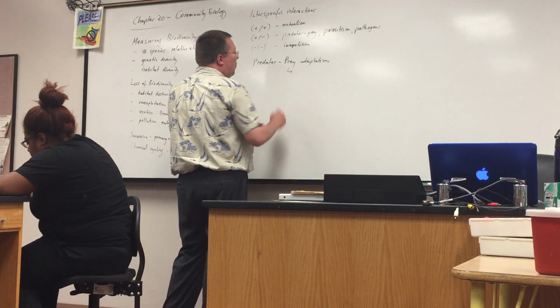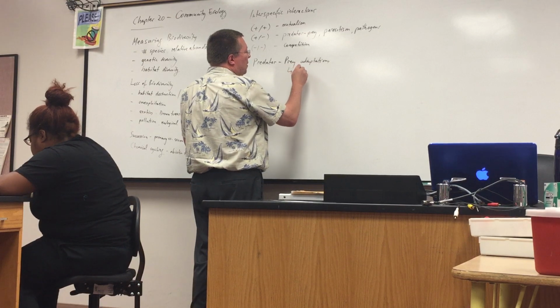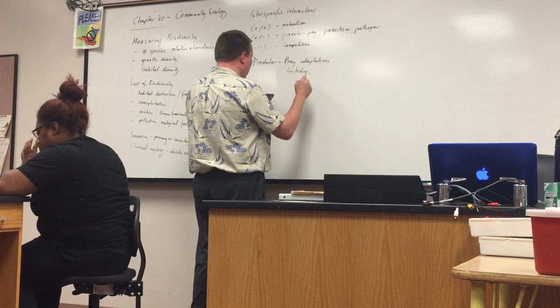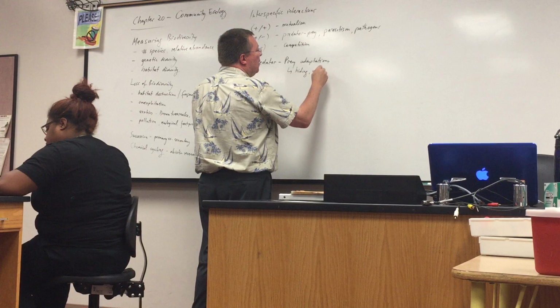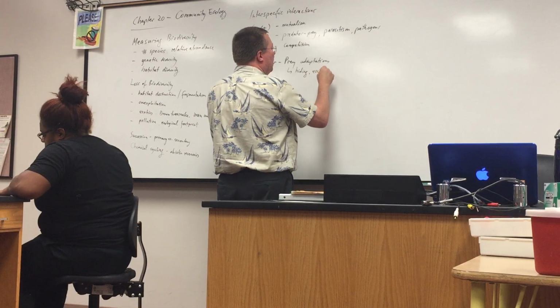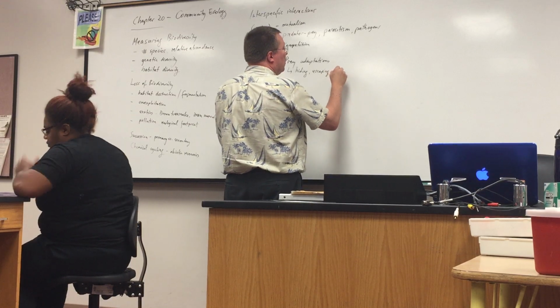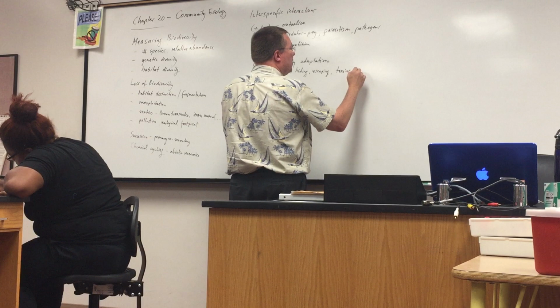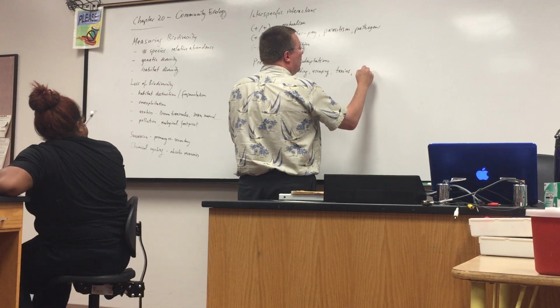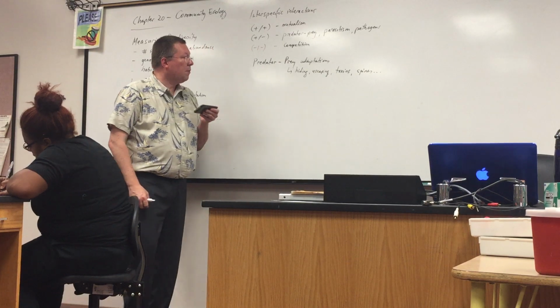So when you're looking at prey items, what can they do? They can hide better, so hiding would be one. They can escape better, so hiding, escaping. They can produce toxins, they have spines, and there's a variety of other things that they can come up with.